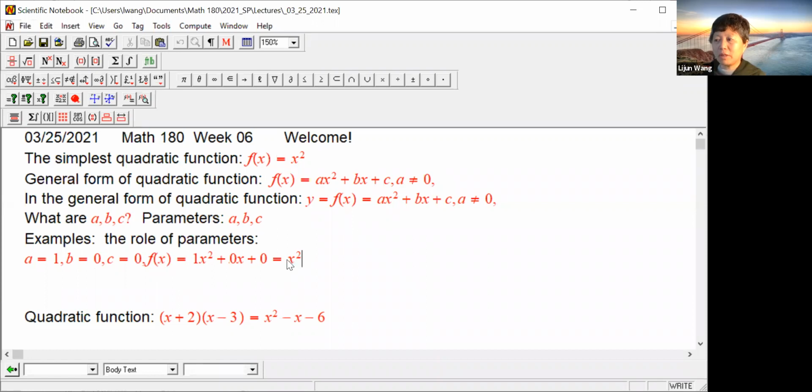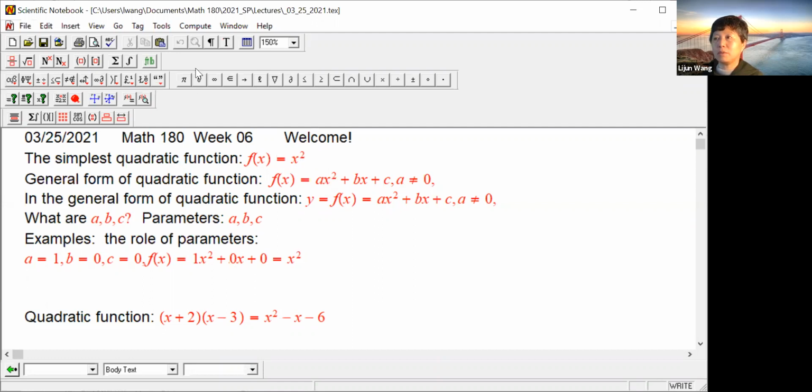We still have our input and our output, it's just that the rule is more specific. We still have the x squared, and the highest degree is still 2. Therefore, you can see the difference.